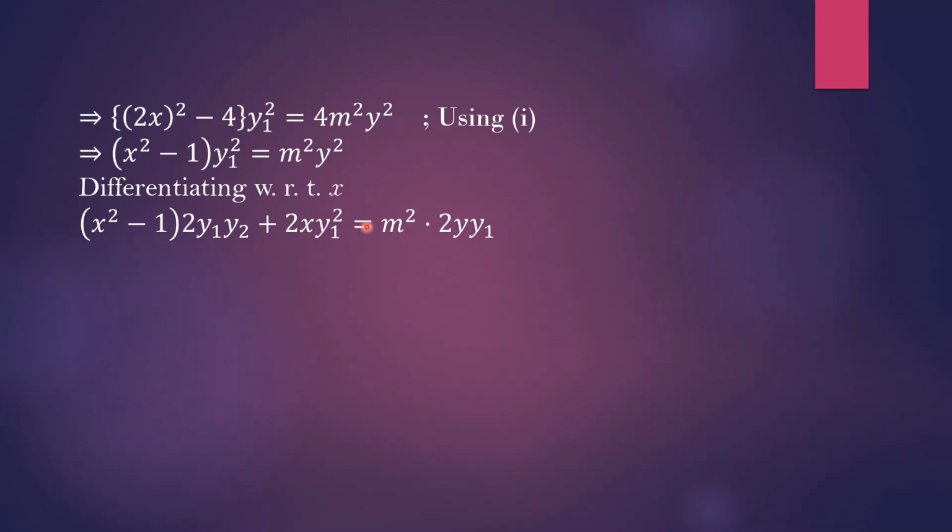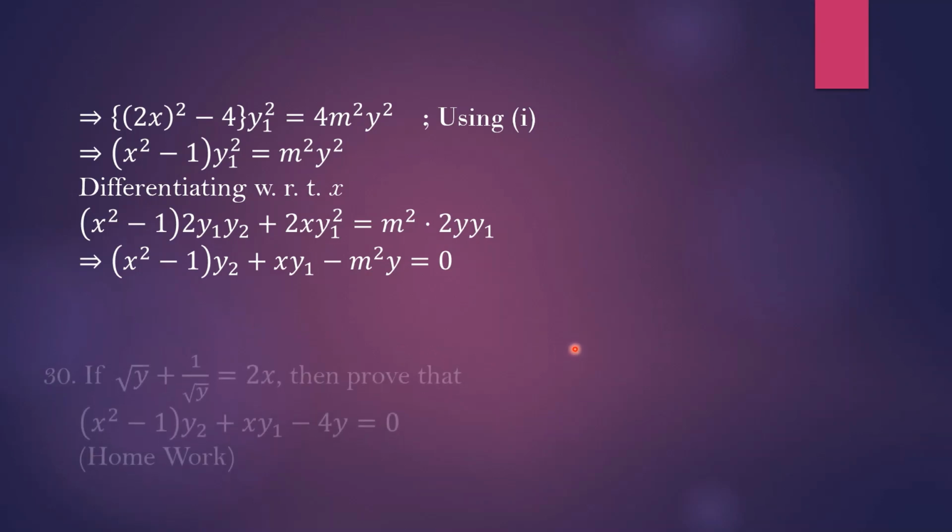Go to the right hand side, m square is there, y square derivative is twice y, then y derivative is y1. 2y1 here, also 2y1 here, and 2y1 can be cancelled, so it is x square minus 1 into y2 plus xy1 minus m square y equal to 0. So that is the completion of the solution.